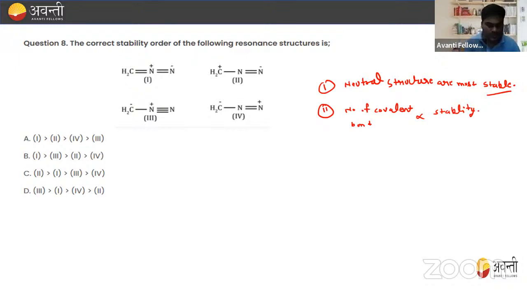So the first one is that neutral structures are the most stable. The second one is that the greater the number of covalent bonds, the greater is the stability, right?